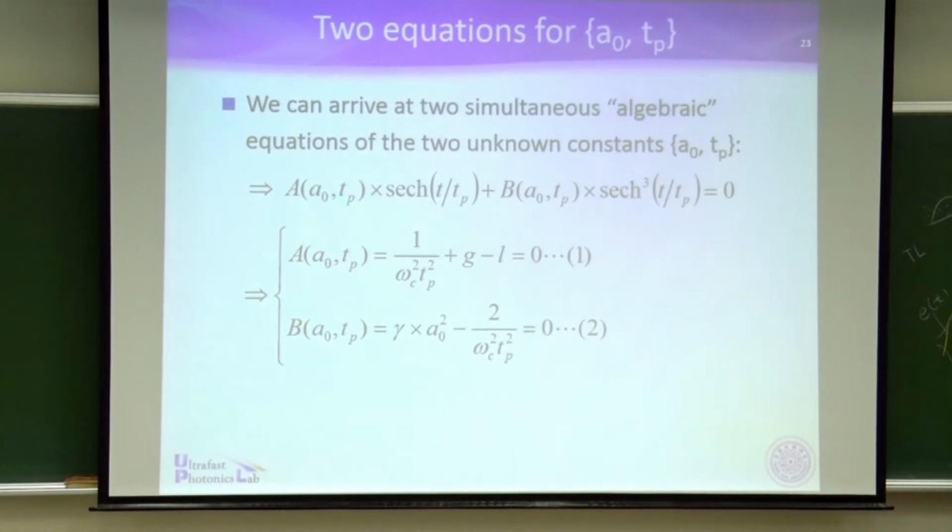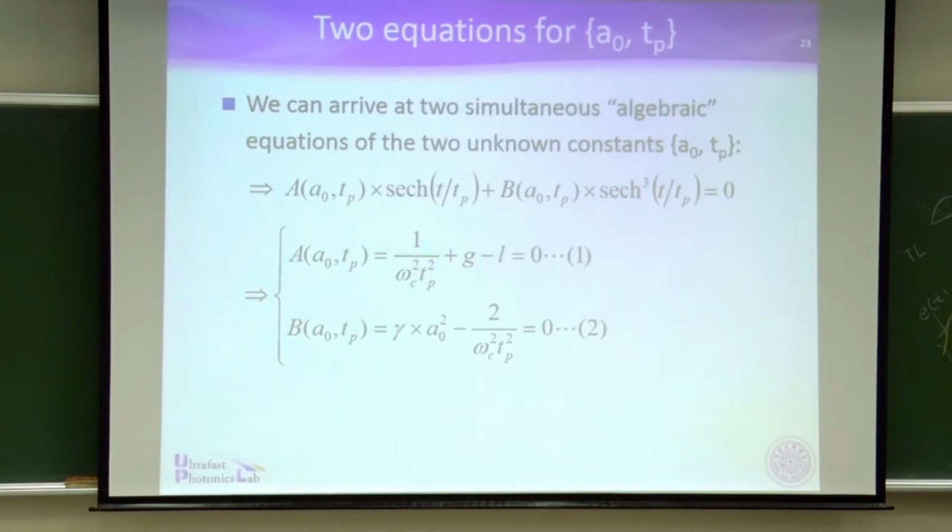Sec and sec cubic form a linear combination equal to 0, and it is an identity, meaning it is always 0 no matter what t is. The only possibility is that both coefficients are 0. So big A equals 0 and big B equals 0. And big A, big B can be evaluated by the substitution. So this is the result.